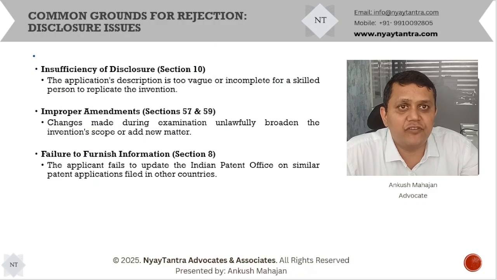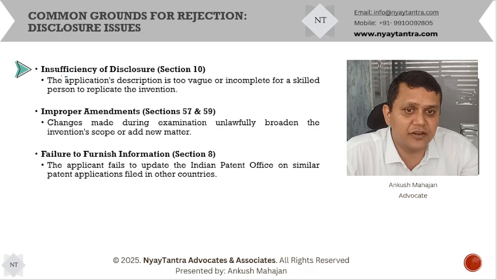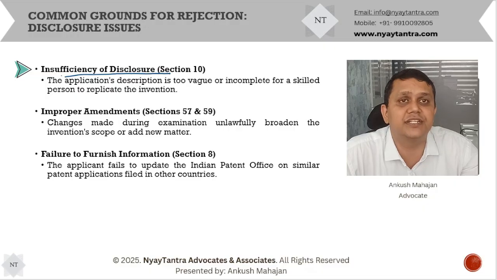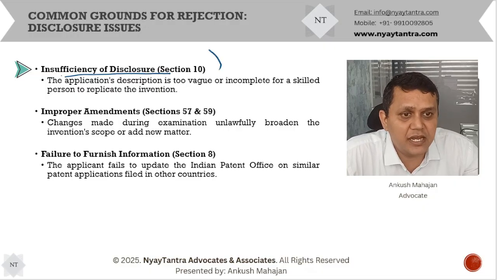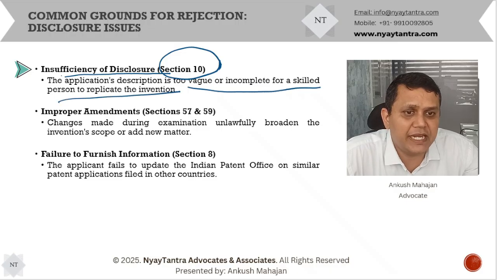Other types of rejections, if we look at, is that we generally receive objections which ultimately turn into rejection for insufficient disclosure. So section 10 generally comes into the picture, and we will see the language that the patent application description is too vague or incomplete for a skilled person to replicate the invention.